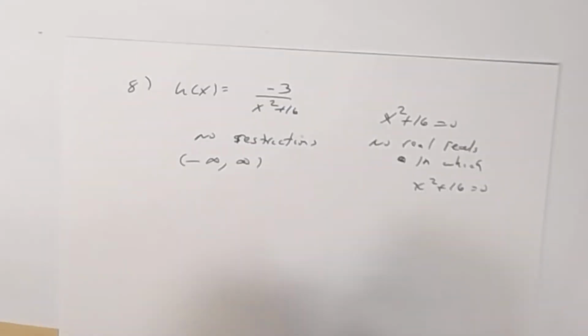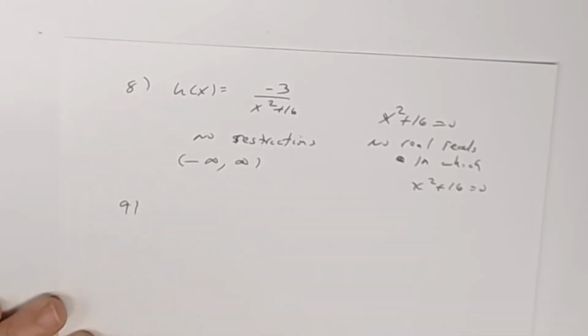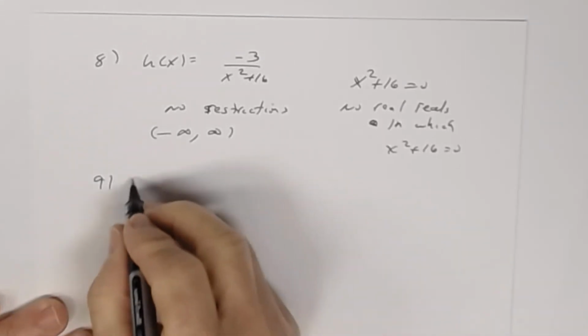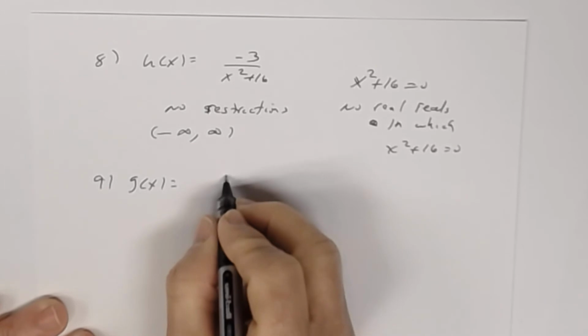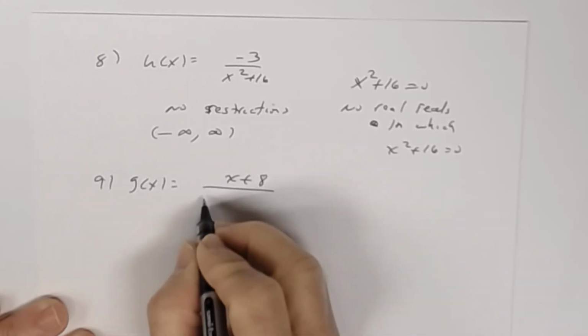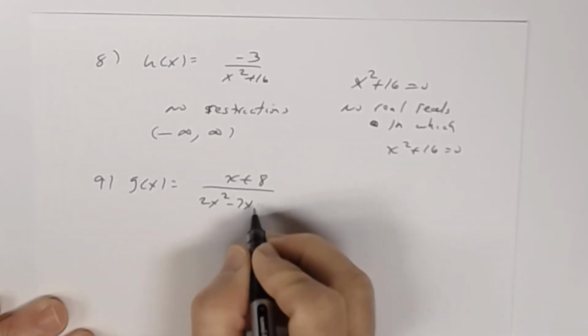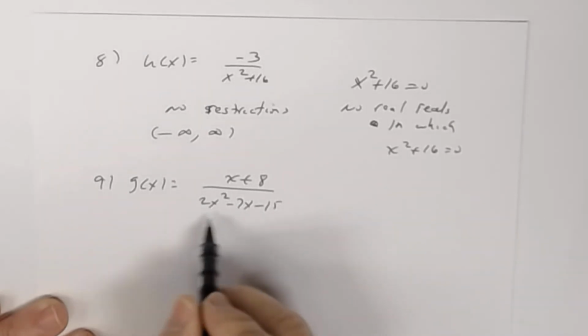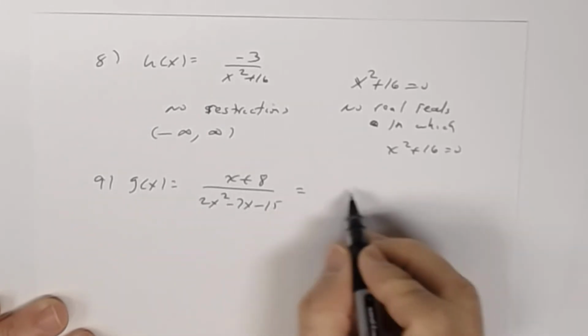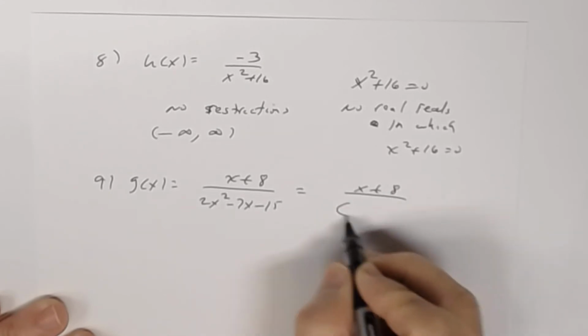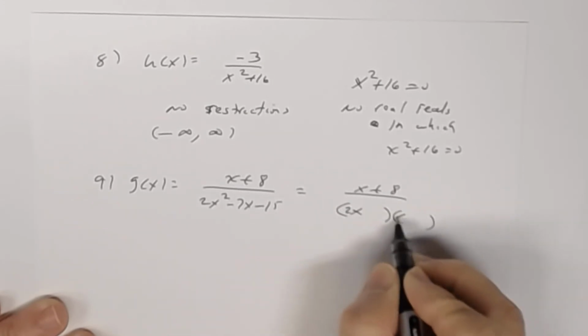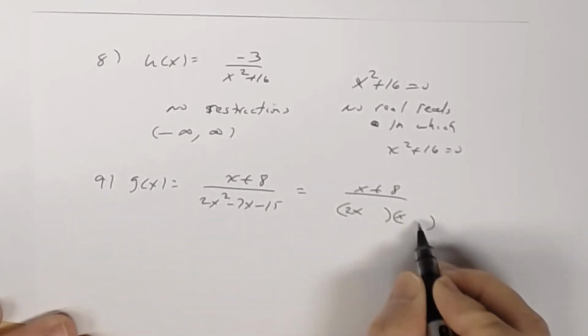Number 9, we have g of x is equal to x plus 8 divided by 2x squared minus 7x minus 15. So let's go ahead and factor this. So when I factor this, I'm going to get 2x and x.